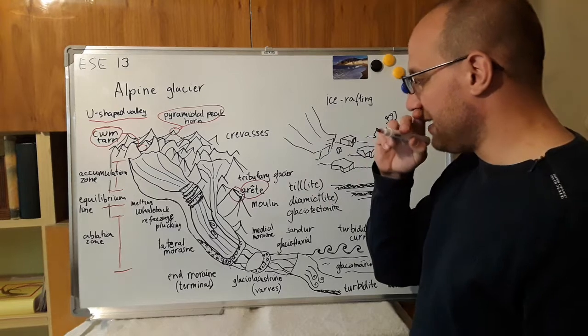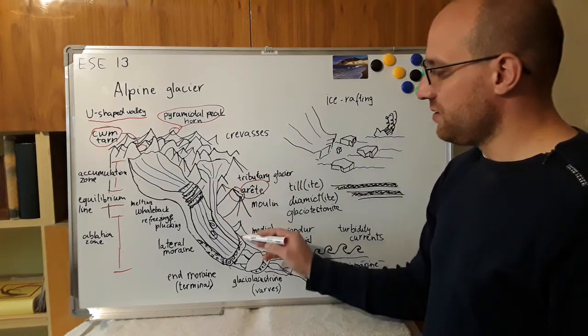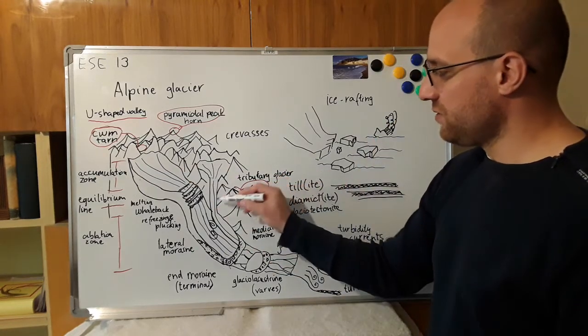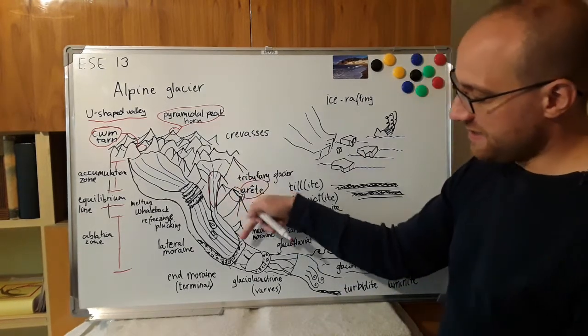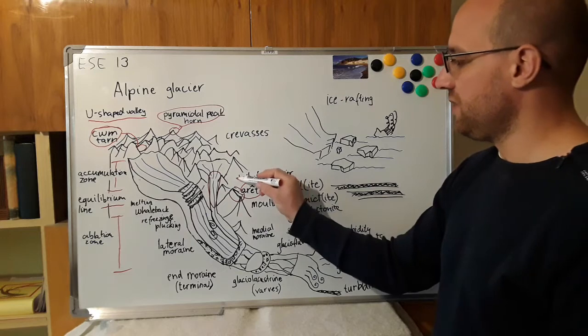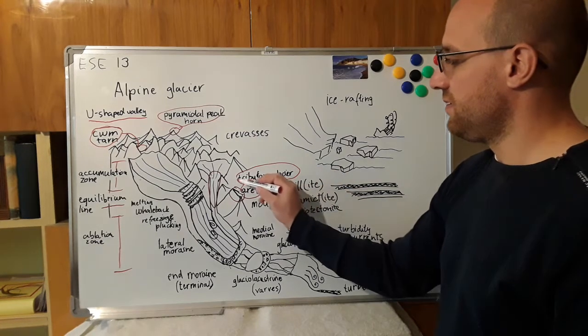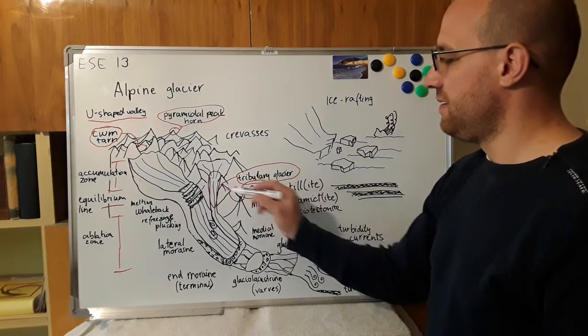Then speaking about the ice, we have the glacier, we have tributary glaciers, so that zone over there which connects into the main channel is the tributary glacier right there.